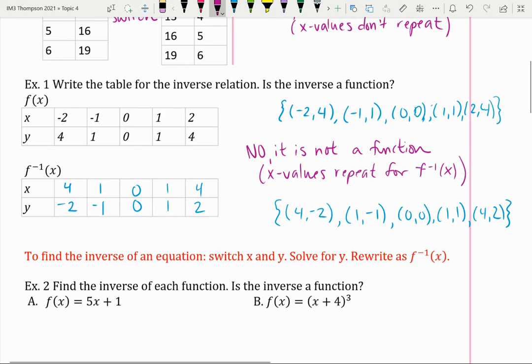And it's not a function because the x values repeat in the inverse relation.